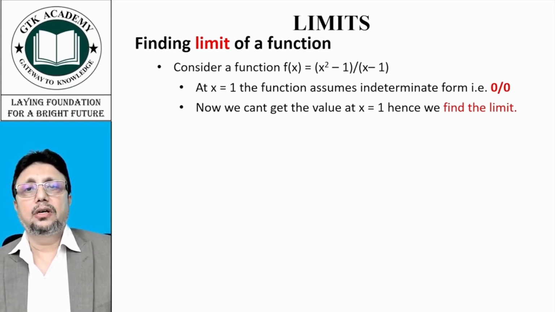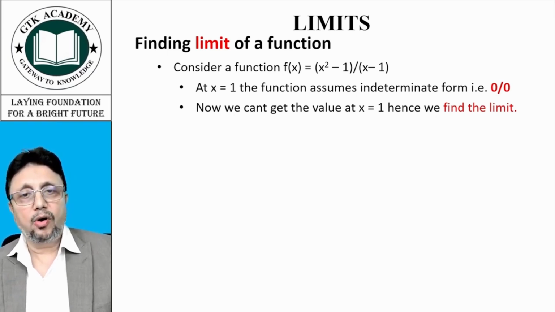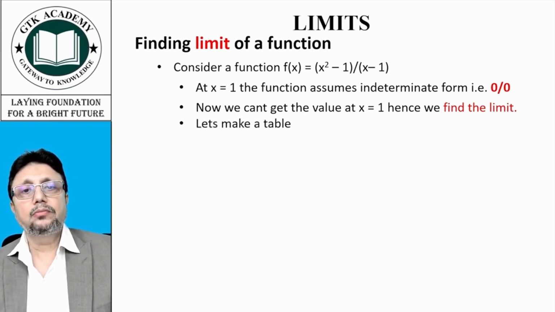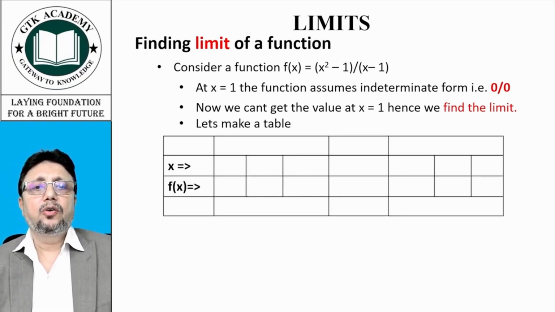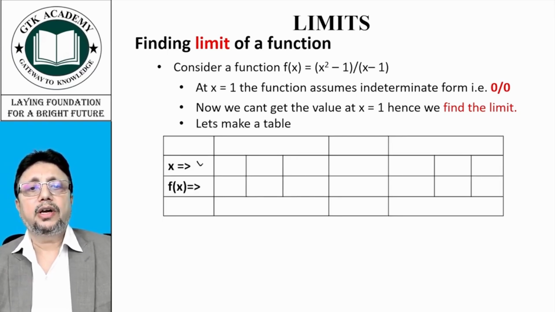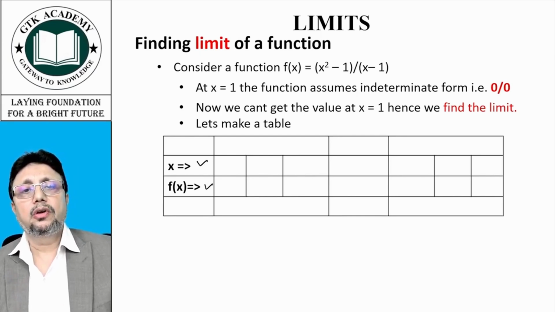Now let's make it a bit easier and draw a table. Right, so this is a table. We'll plot different values of x and correspondingly the values of f(x). For x equal to 1, f(x) is undefined, indeterminate.